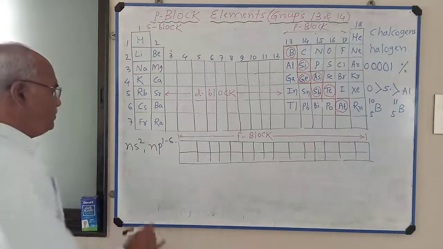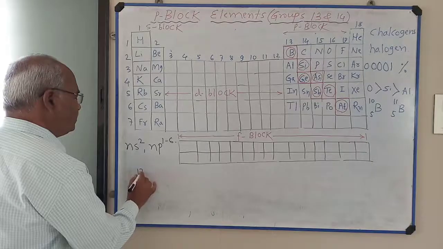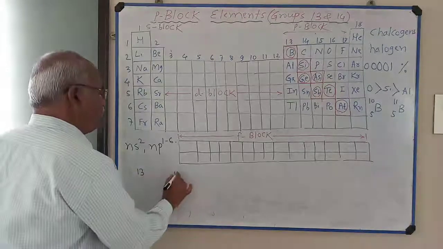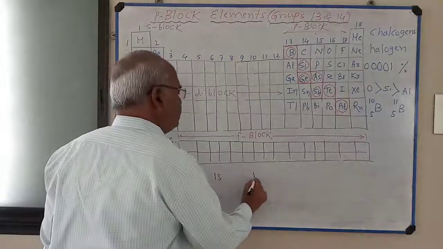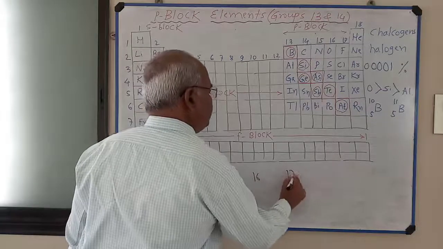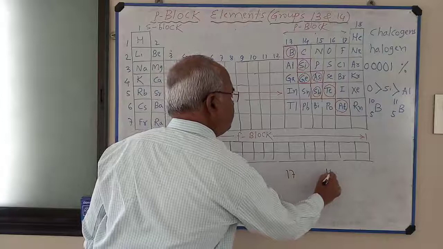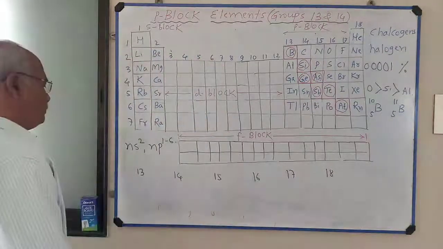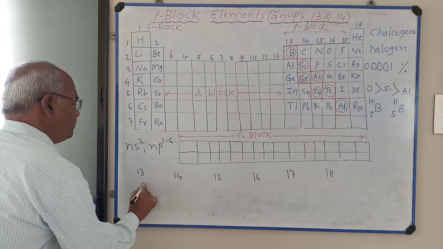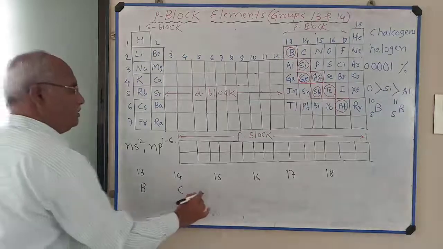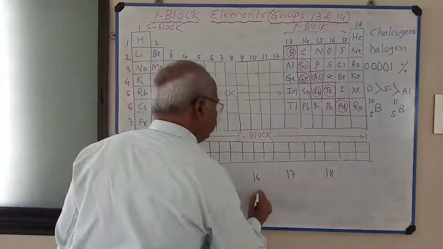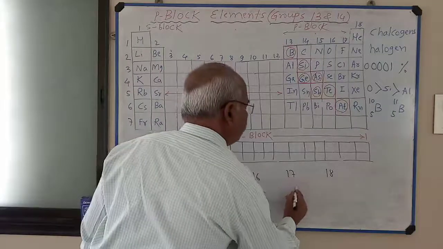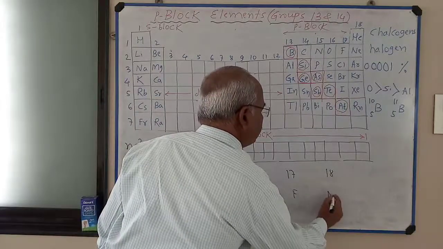I represent here group number 13, 14, 15, 16, 17 and 18: boron, carbon, nitrogen, oxygen, fluorine, and neon.